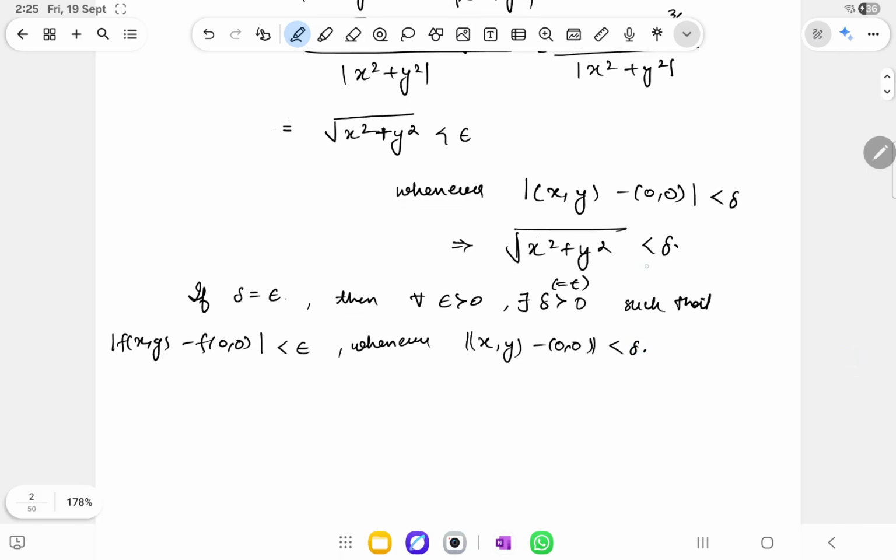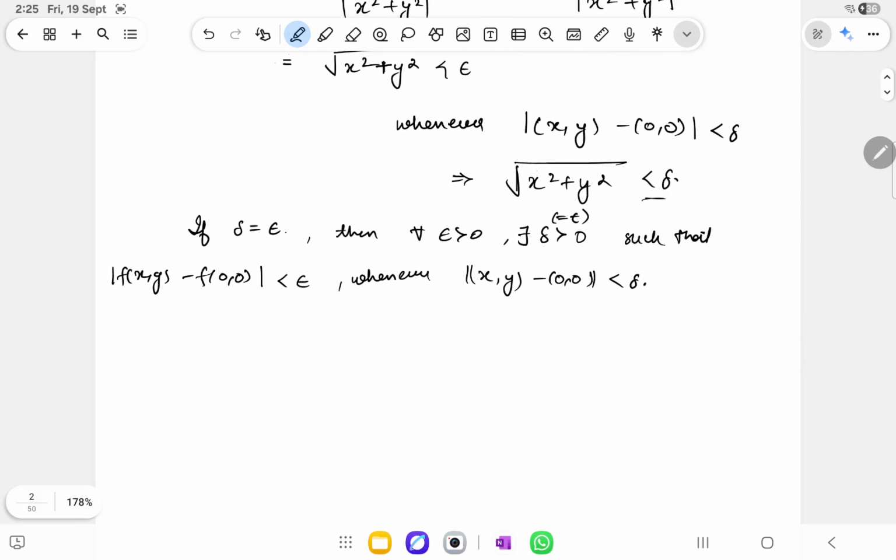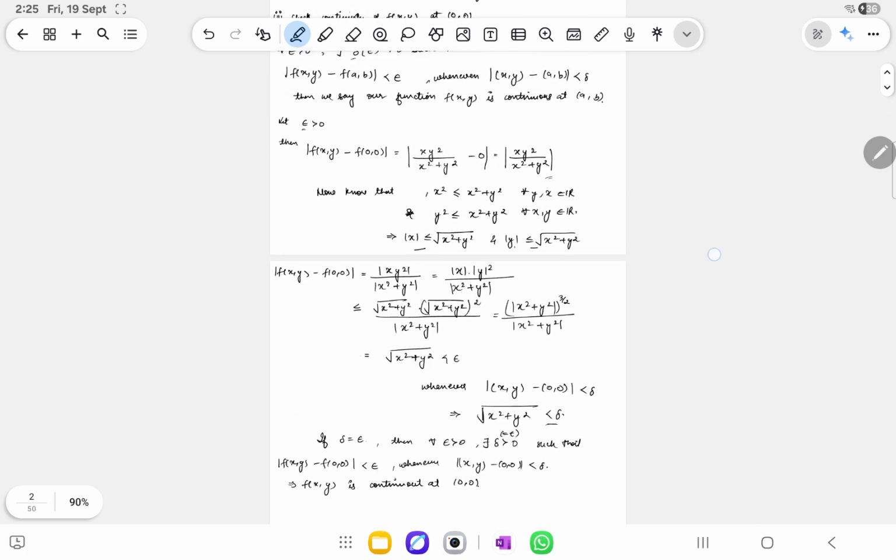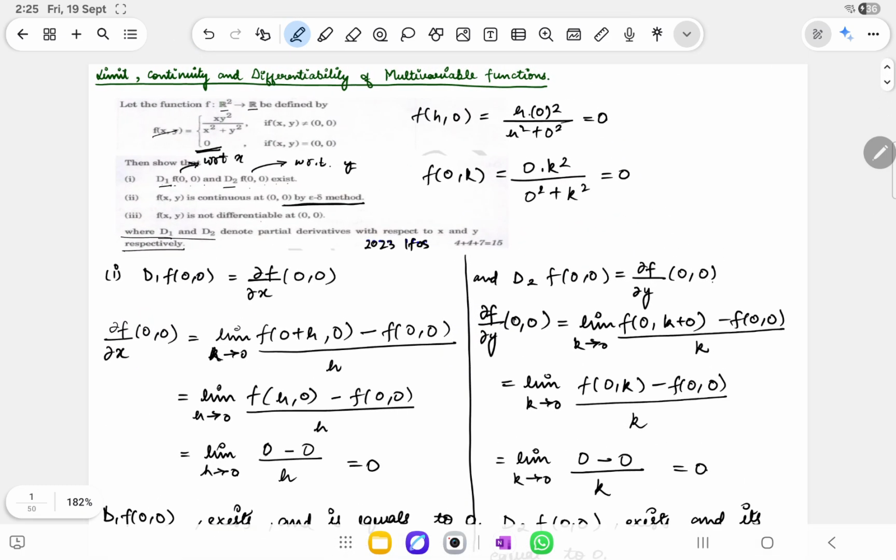So our function satisfies this definition, so we can say that our function f(x, y) is continuous at (0, 0).